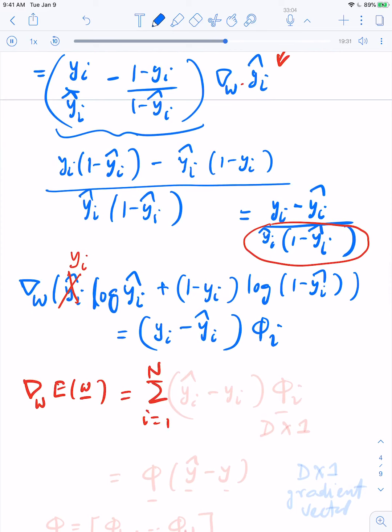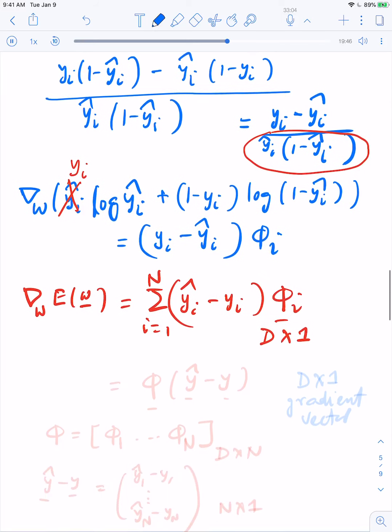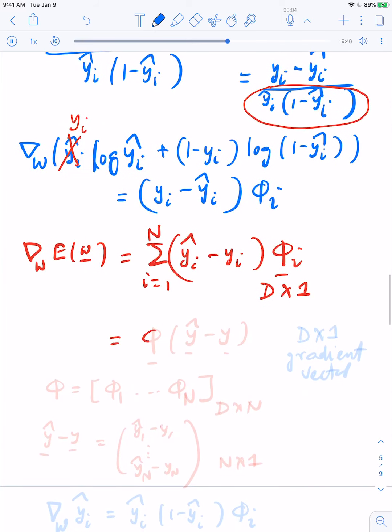When I put the minus sign back in, I'll have yi hat minus yi times phi. Phi's are these d cross 1 column vectors. And so now I can collect these things into vectors and say this is equal to phi times y hat minus y. Right, so what is phi?